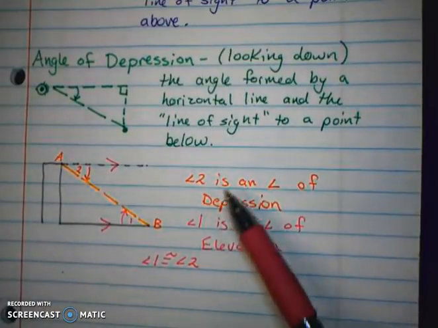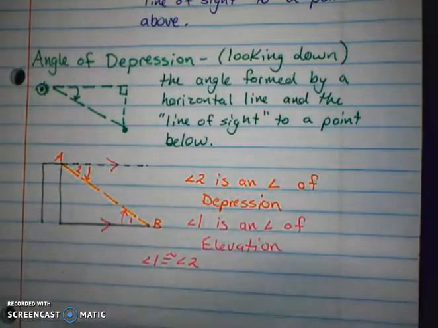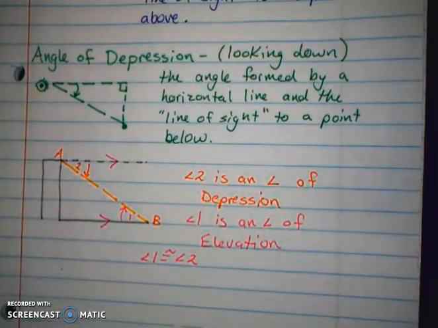They're in different directions, one's depression, one's elevation, but they're congruent angles. They have the same measure. So let's keep going and actually work on some examples that use angle of elevation and angle of depression.